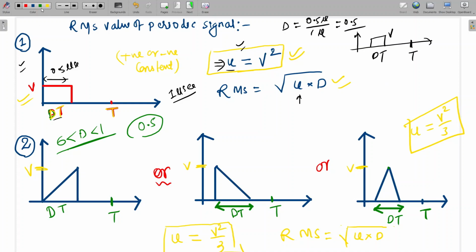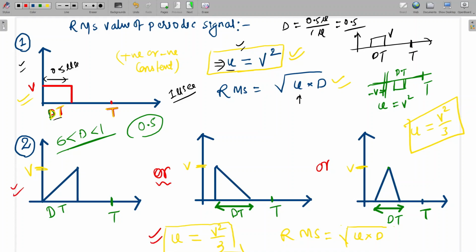Let's say this positive pulse is available like this, below. This is D T, this is T. What will be the U value here? Let's say this is minus V. So U will be V square and RMS will be the same. For this type of function also, if it is negative, this U will be the same.